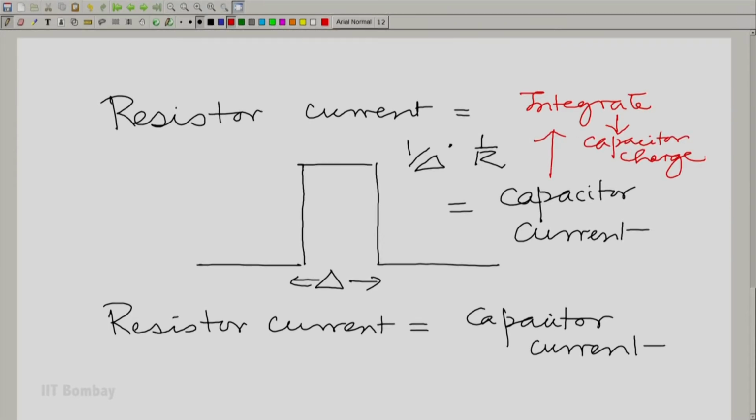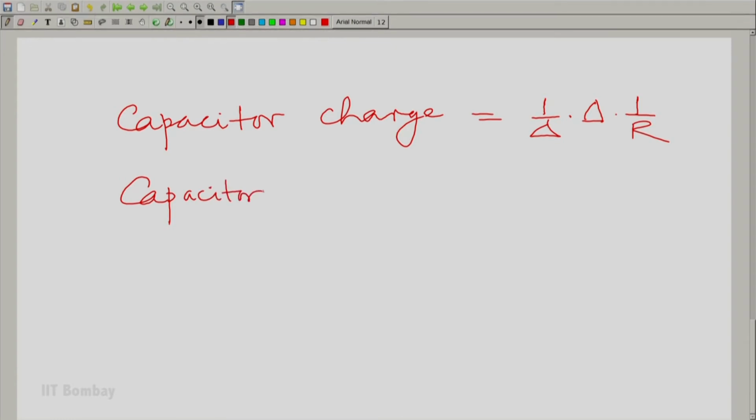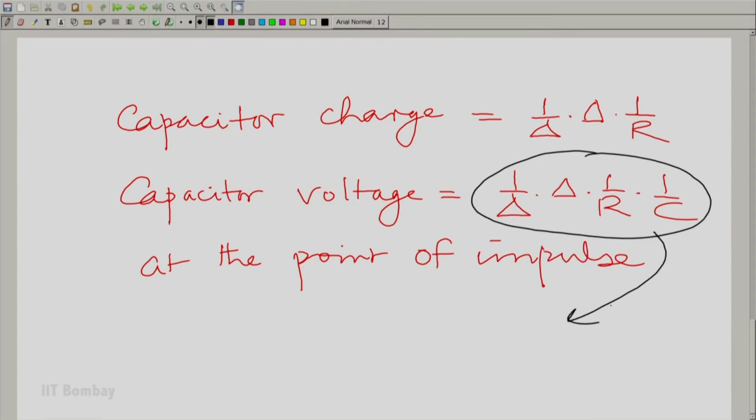So, the conclusion is that the capacitor charge is essentially the area captured here, 1 by delta into delta divided by R. And therefore, the capacitor voltage jumps to 1 by delta times delta into 1 by R divided by the capacitance at the point of the impulse. And as you can see, this expression is essentially 1 by tau.